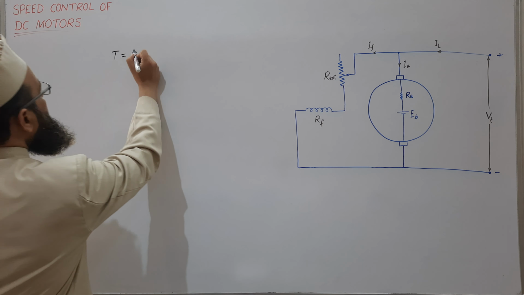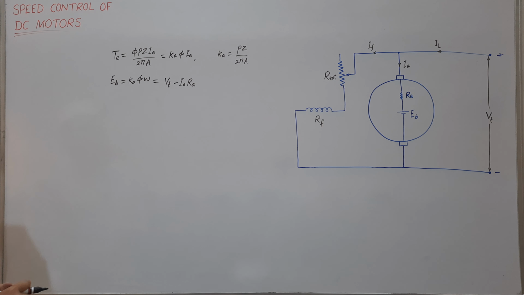This may further be written as terminal voltage Vt minus Ia Ra. In case of DC series, this will be Ra plus Rac. We have already discussed this in our previous lectures.